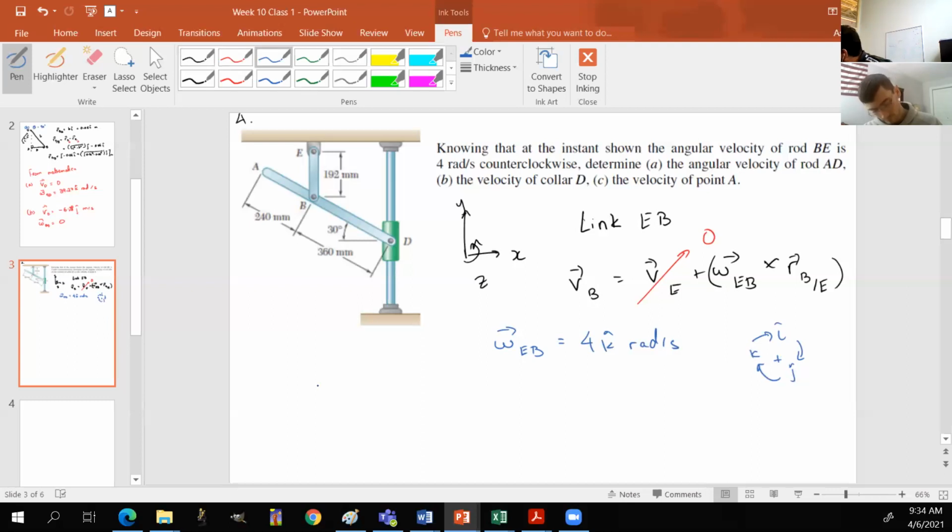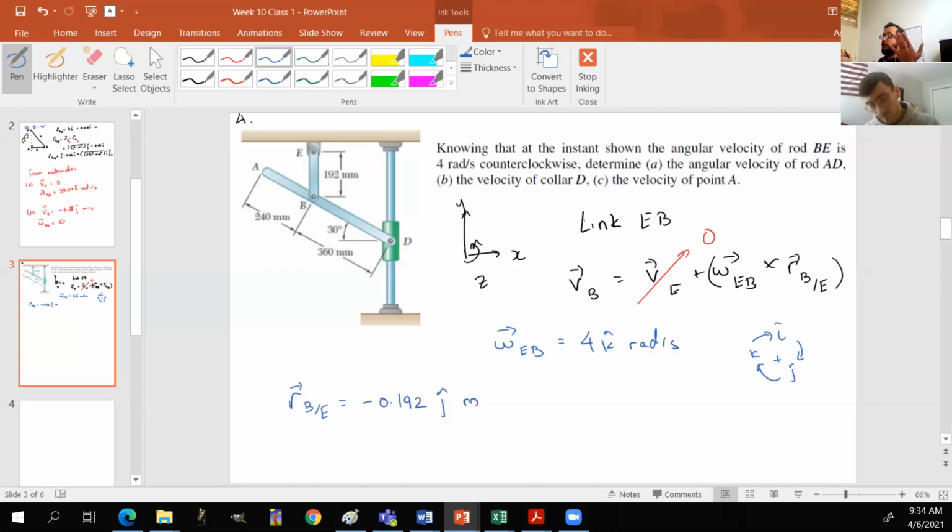All right. So next we have to find out what R of B relative to E is, right? So R of B relative to E, you're just going 192 millimeters in the negative y direction, right? So this is just going to be, let's convert it into meters, minus 0.192 j hat meters, like that.